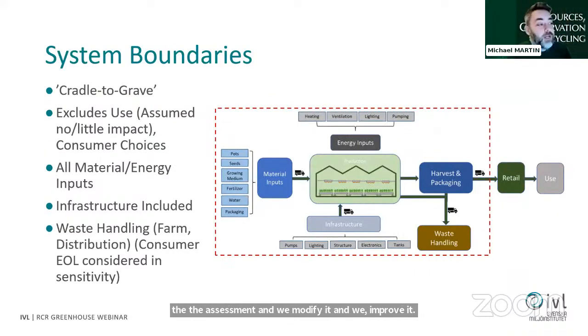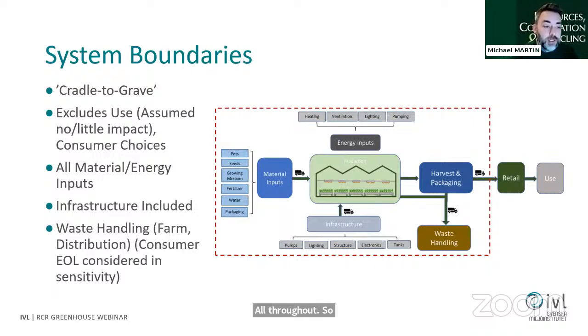So for this study, what I did is a cradle to grave assessment for the greenhouse at Svegro, and we included all inputs, so all the material and energy inputs, the greenhouse infrastructure, the processes for harvesting and packaging, all waste handling infrastructure, etc. What we didn't include is the retail. So we didn't include how it sits at the retail.